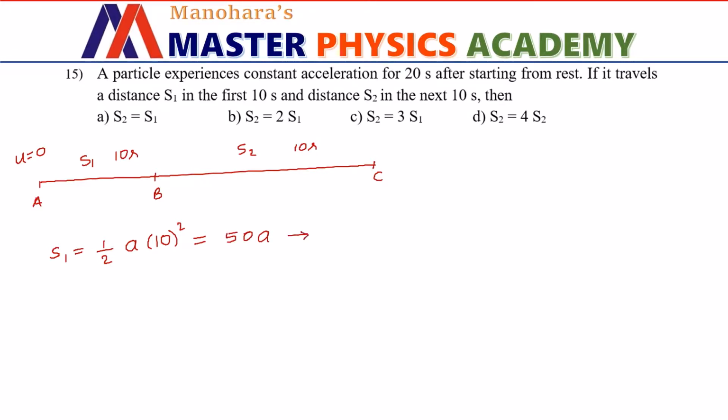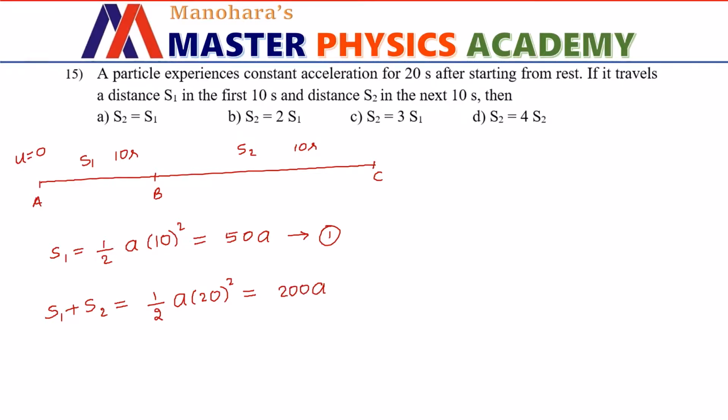Let us call this equation number 1. For the total displacement A to C, we have s1 plus s2 is equal to half a into 20 squared, which is equal to 200a.